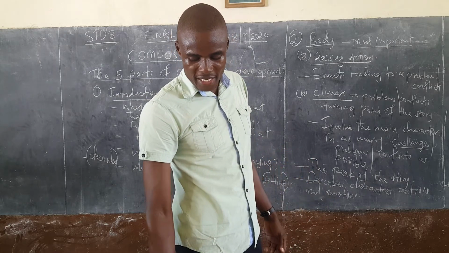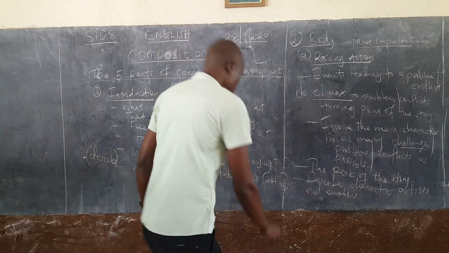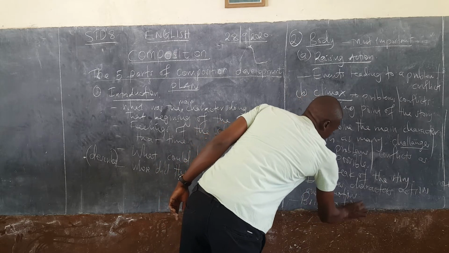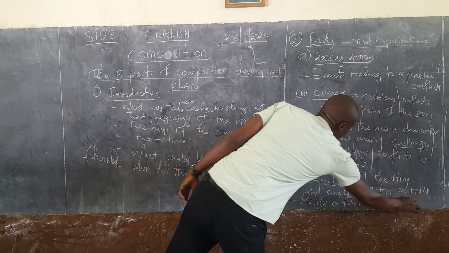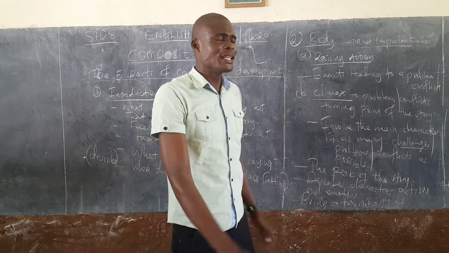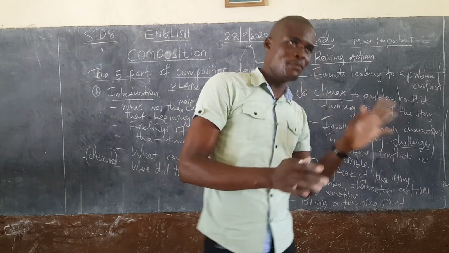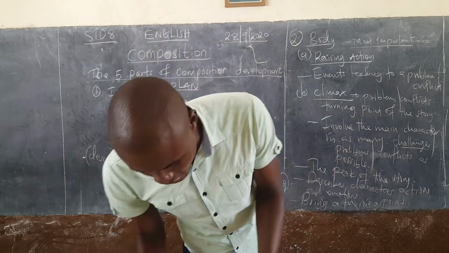Then involve the main character with as many people as possible. Then bring a turning point. I'm still describing this issue of the turning point. A turning point is when people expect you to go this way, but you turn. You bring another new thing all of a sudden in your story.